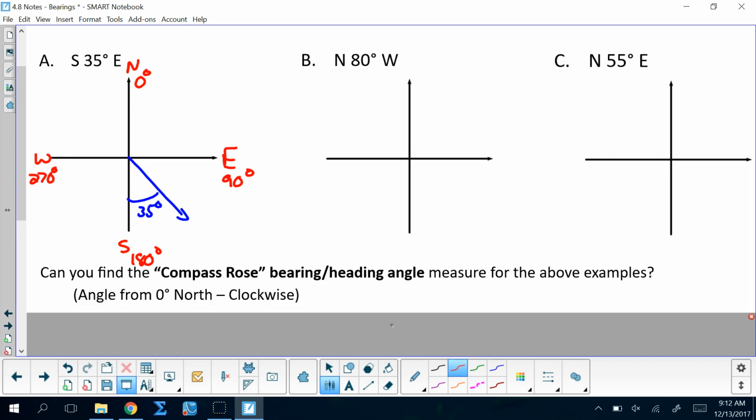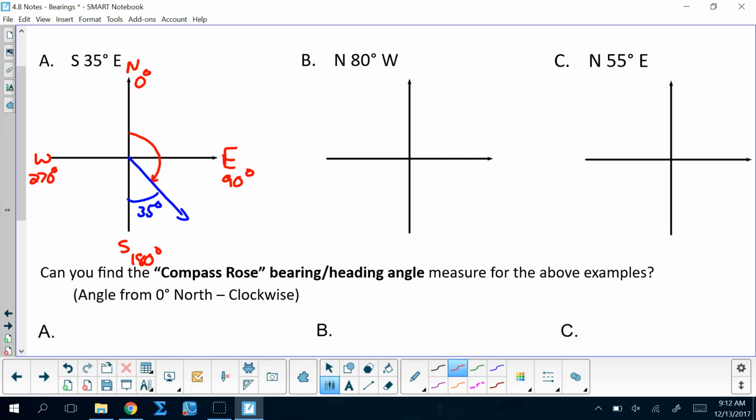So that angle comes off of 0, the compass rose angle comes off of 0 and goes down to there. That angle would be how many degrees?